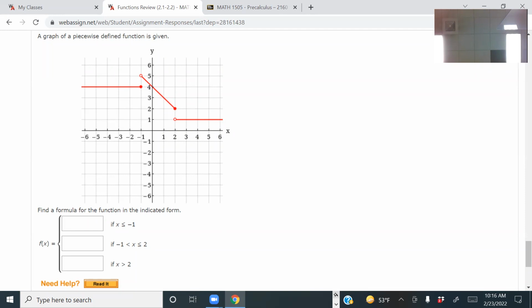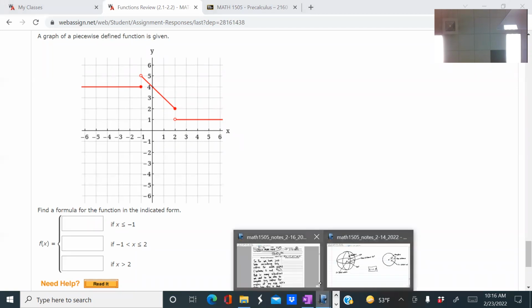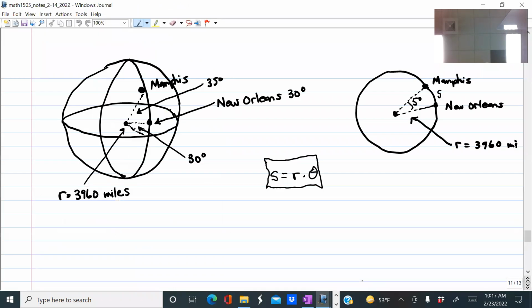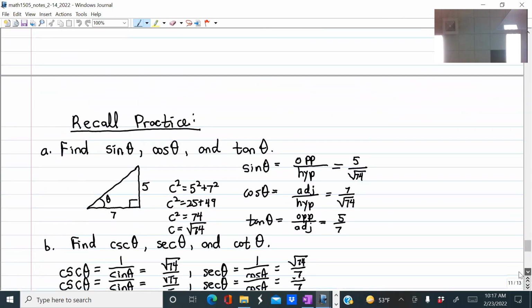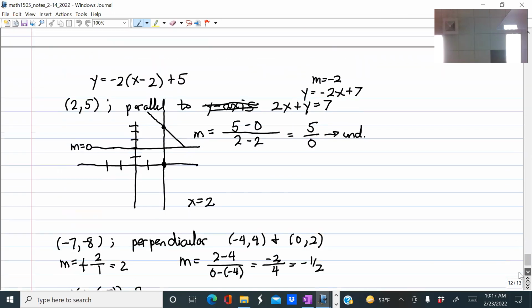Let me switch to my notes here. I want to remember that. This is another problem that we're going to look at in just a second that I drew a picture of. Let me add some paper here. There's our recall practice. Okay, so there's some blank paper, right?